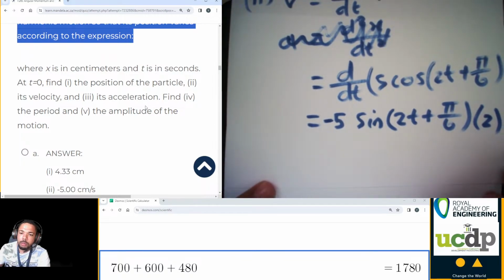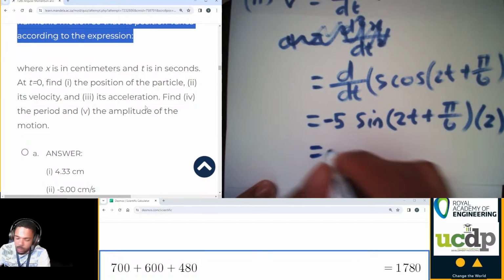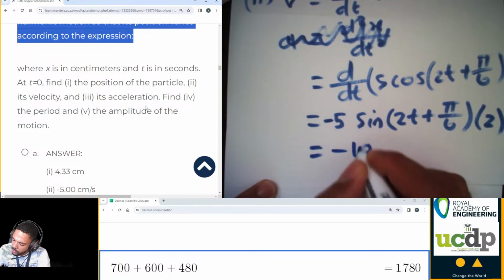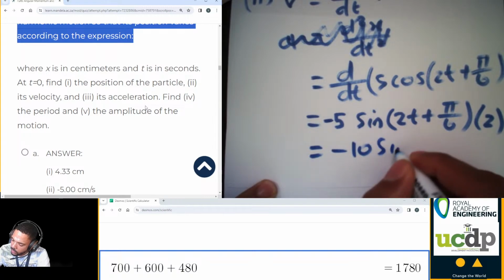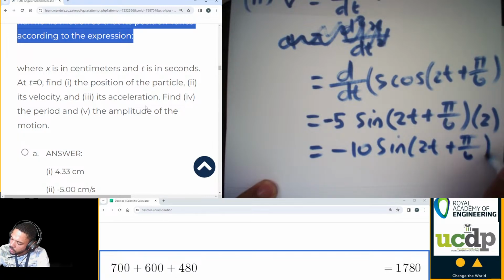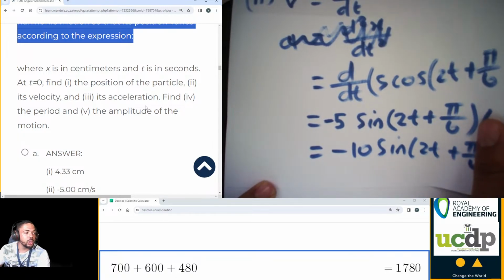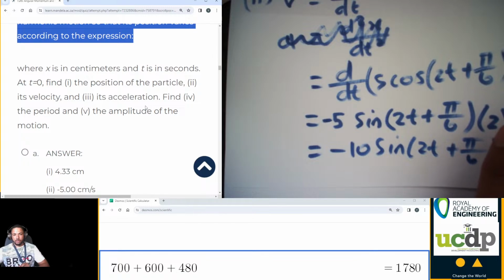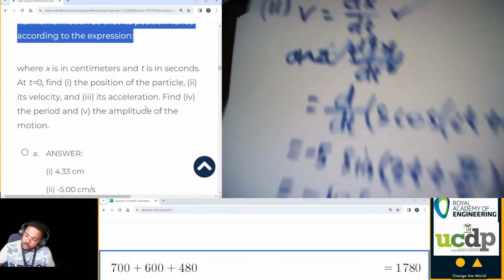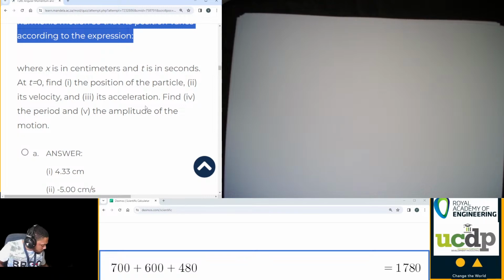So the answer will be 2 times 5, that is negative 10 sine of 2t plus pi over 6. If you need to, go brush up on your calculus because you're going to need it. Those of you who will be doing this course will be doing this a lot with me later in your course, in 2 weeks time.